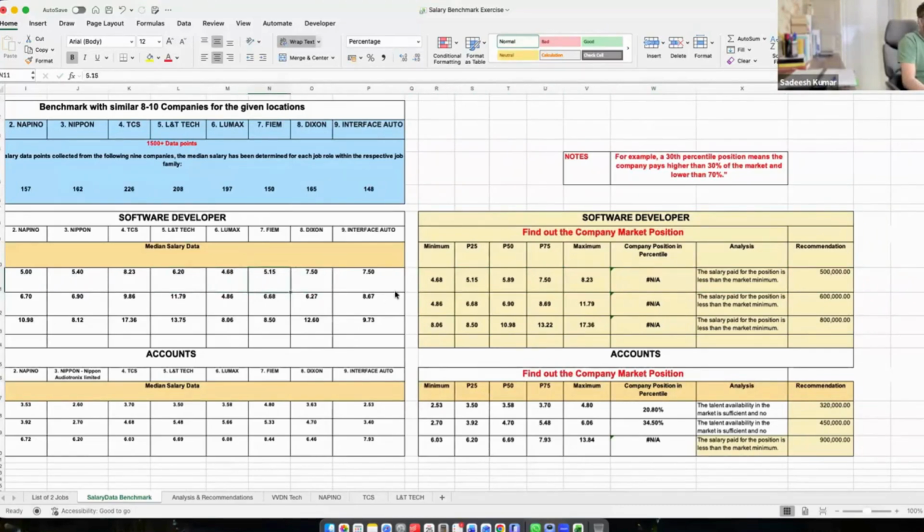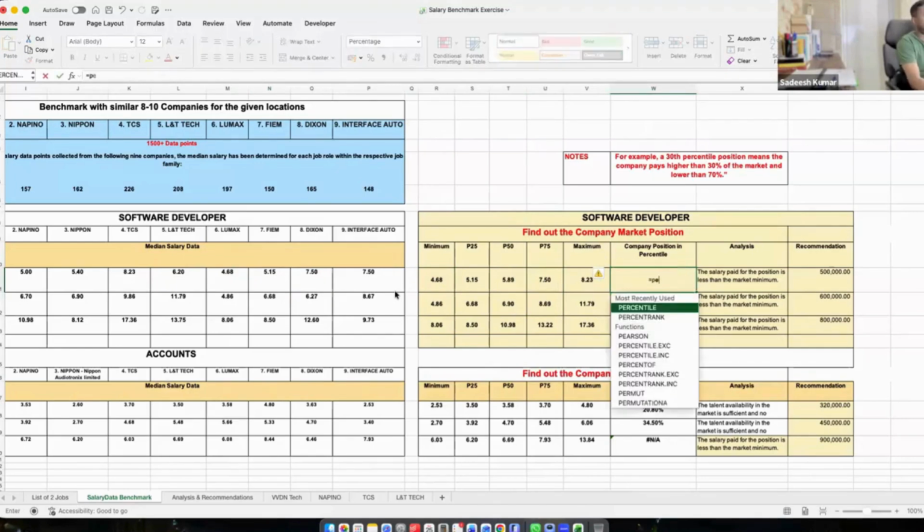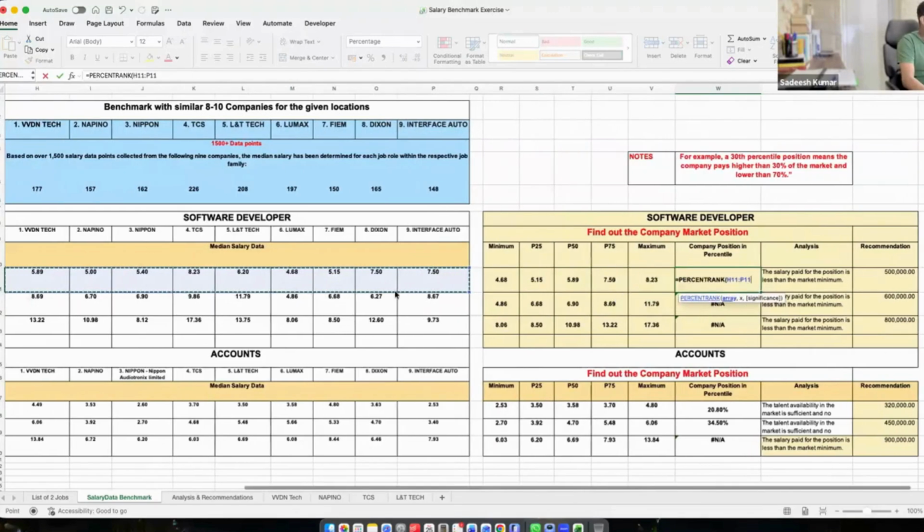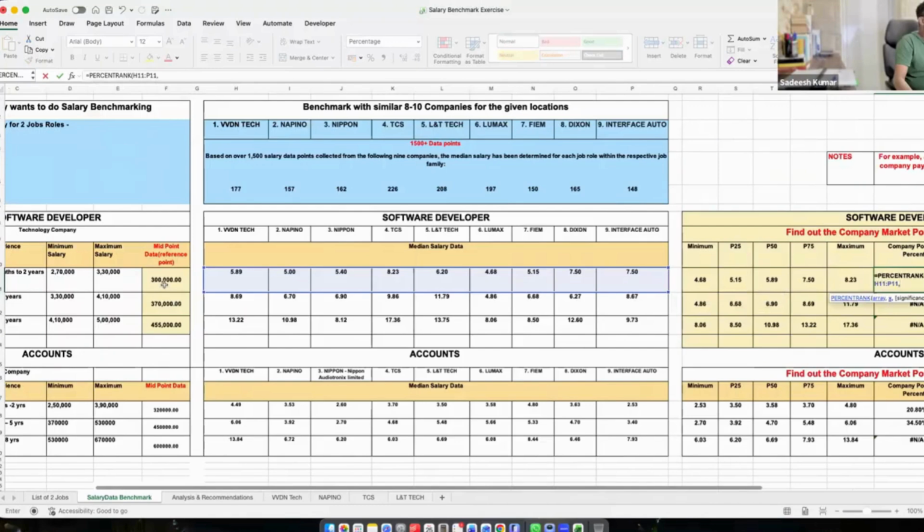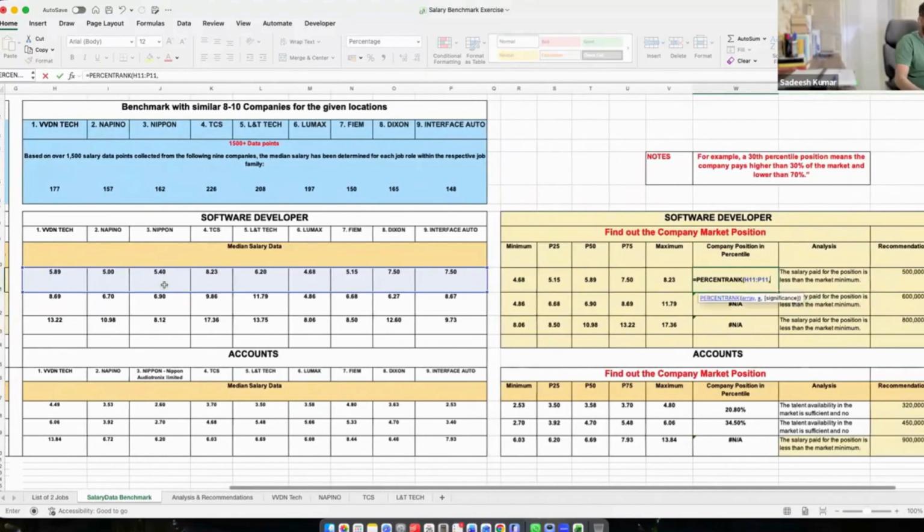So the percentile rank was identified by using the percentile rank formula and then selecting all this data. Since the market midpoint is 3 lakhs, we have given 3, and the significance was left out blank.